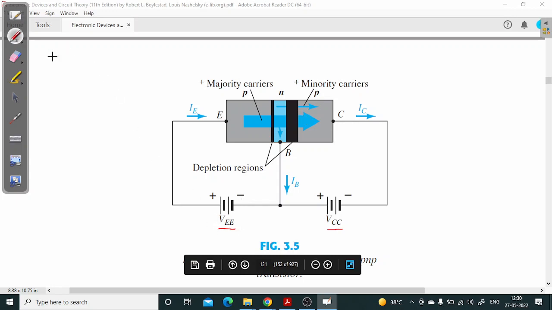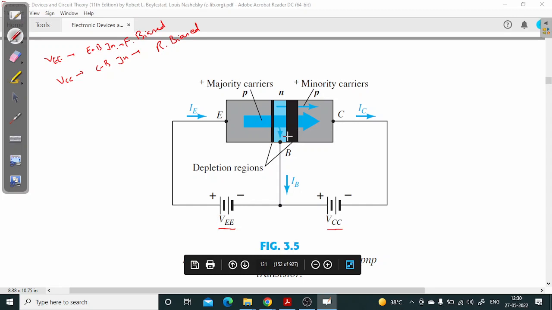So the function of VEE is to make the emitter base junction forward biased, and the function of VCC is to make the collector base junction reverse biased. Because of this, the thickness of the depletion layer for the collector base junction will be more as compared to the thickness of the depletion layer for the emitter base junction.